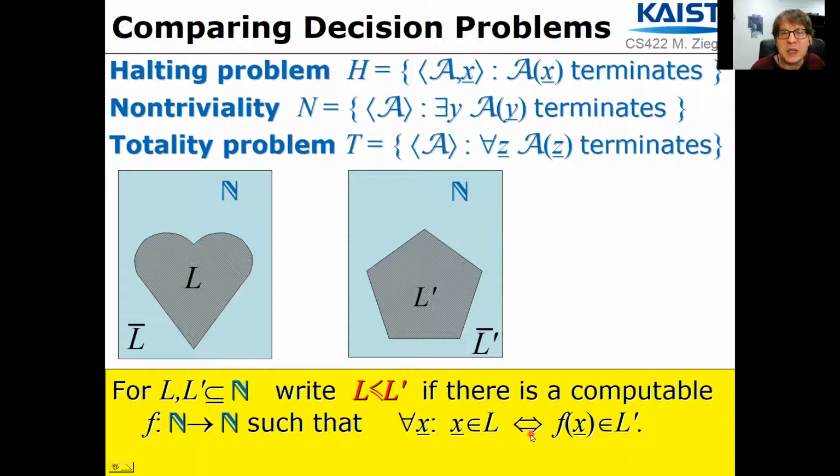Maybe this should be an equivalence. The negative answers to the first decision problem, elements of L complement, are to be mapped to the negative answers to the second decision problem, to elements that do not belong to L prime.